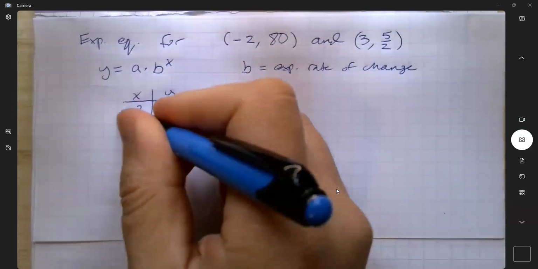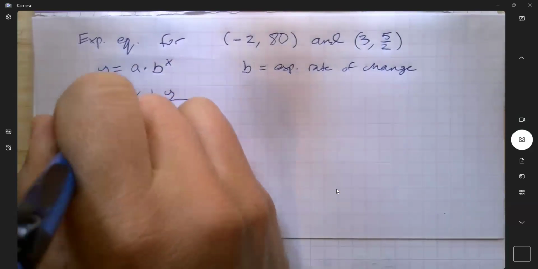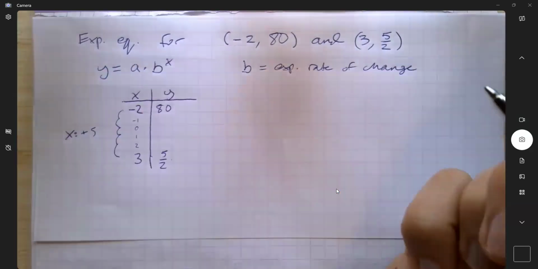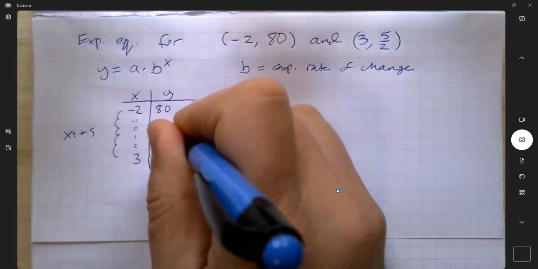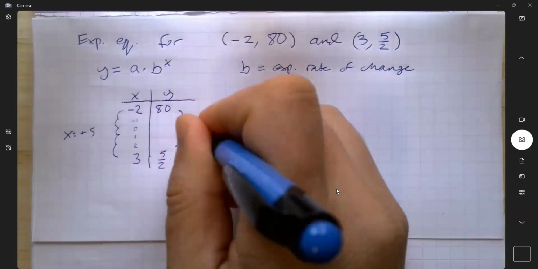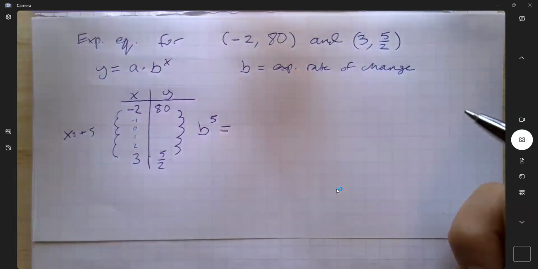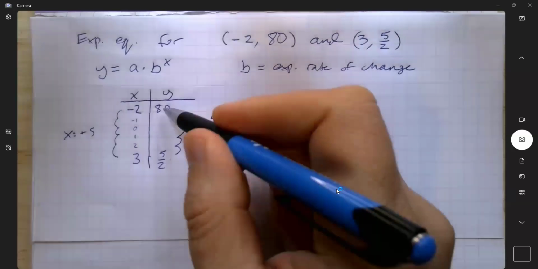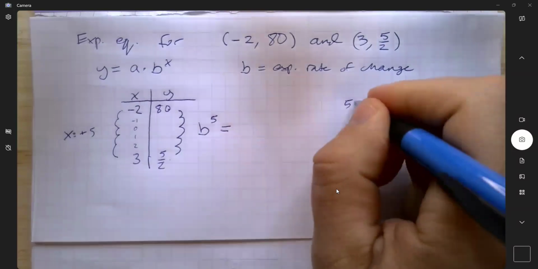And so I counted 1, 2, 3, 4, 5. So x was up 5. That means I must be multiplying by b 5 times, but also I'm multiplying to get from 80 to 5/2.